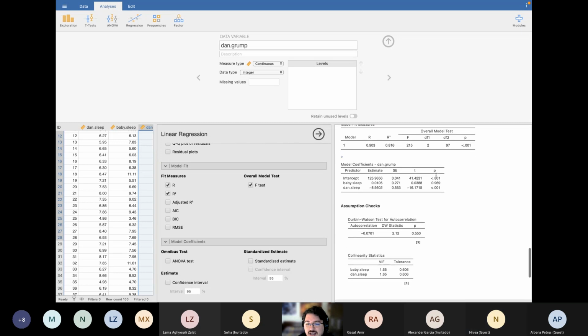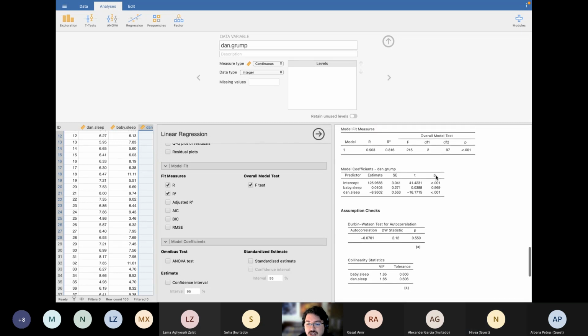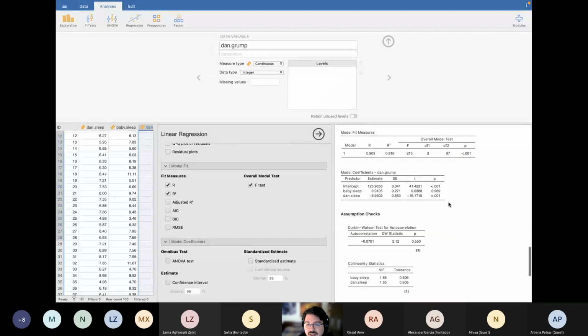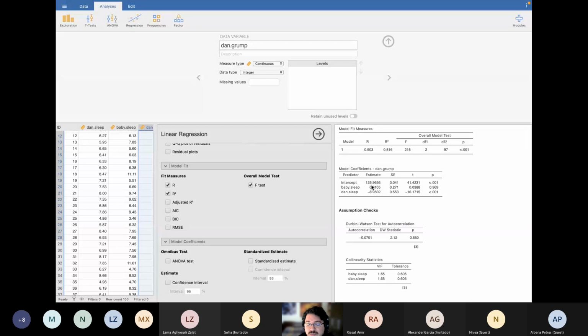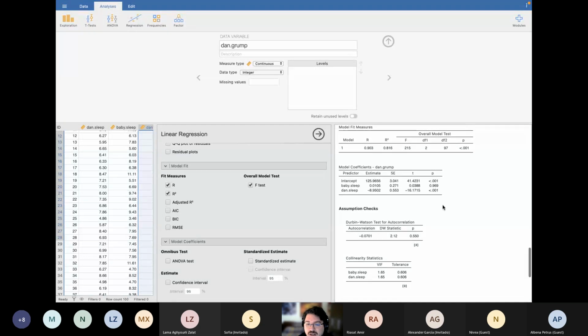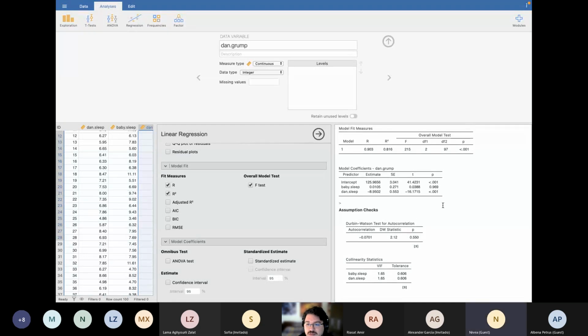And then in model coefficients, you have the intercept, baby sleep, and Dan sleep, the slopes and parameters. There is something weird there. What about those p-values?